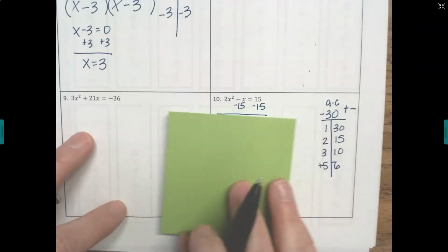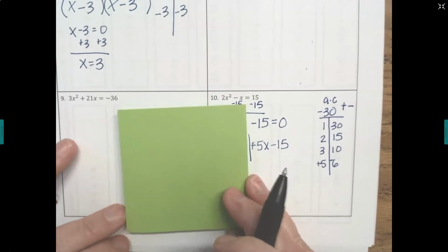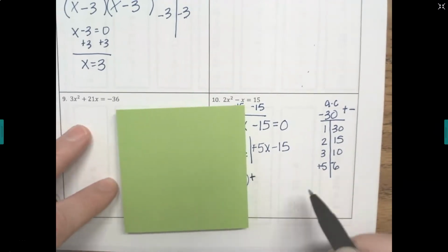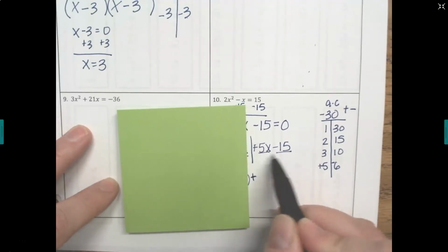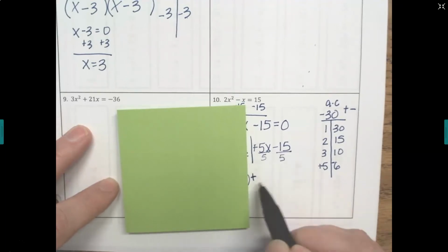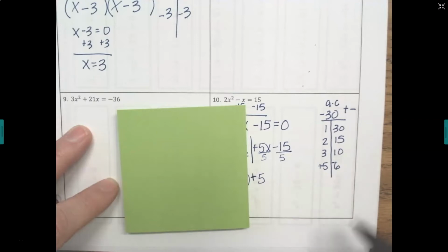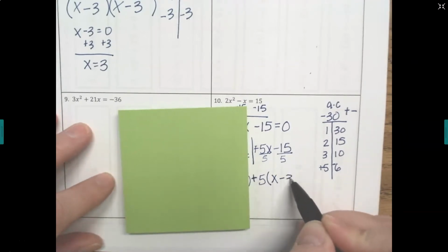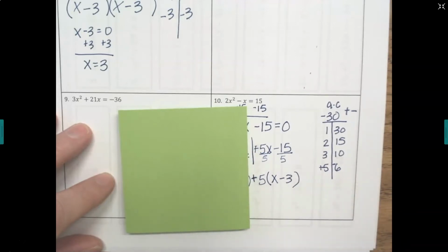And now let's go GCF the other side. There's a positive sign there, so make sure you bring down your positive sign. 5x and 15 have a 5 in common. It's a positive 5. And you're left with x minus 3 once you pull that 5 out.